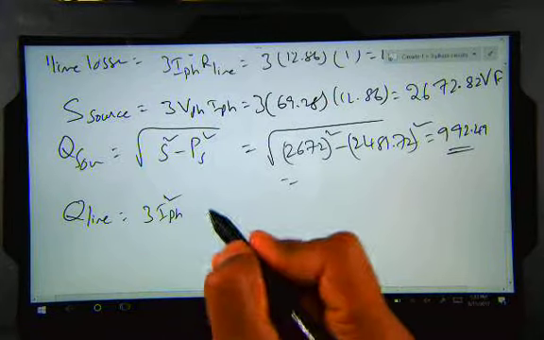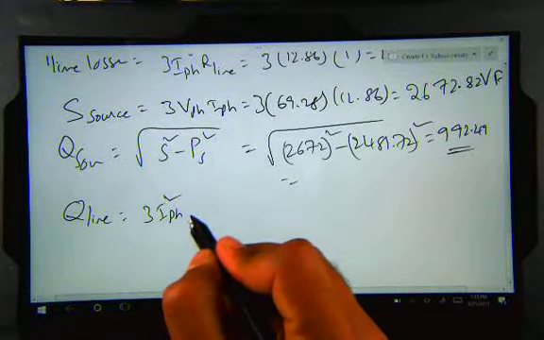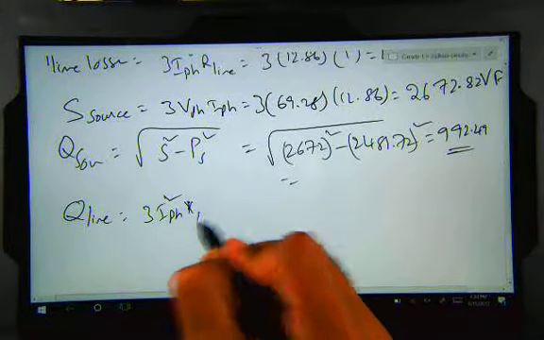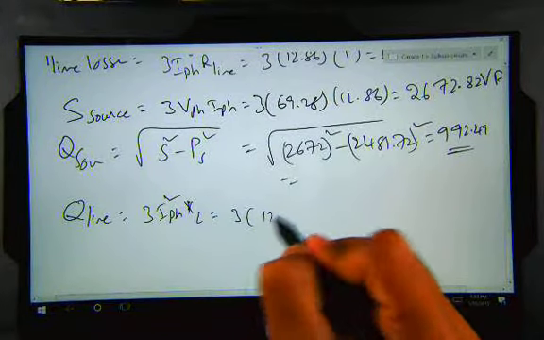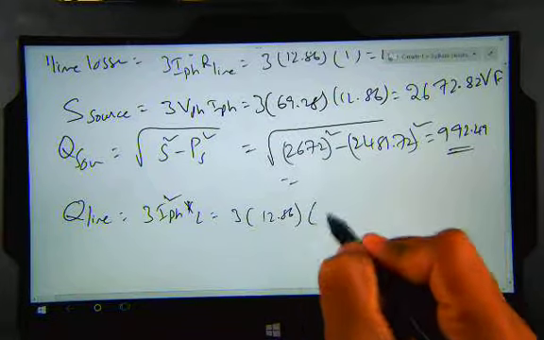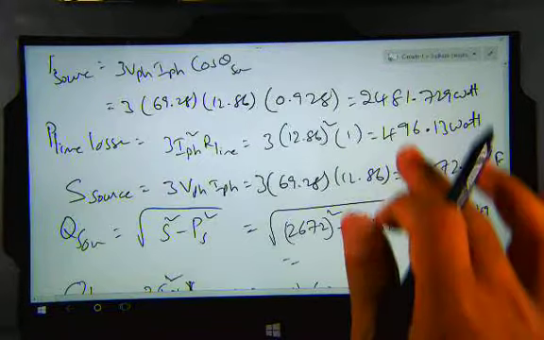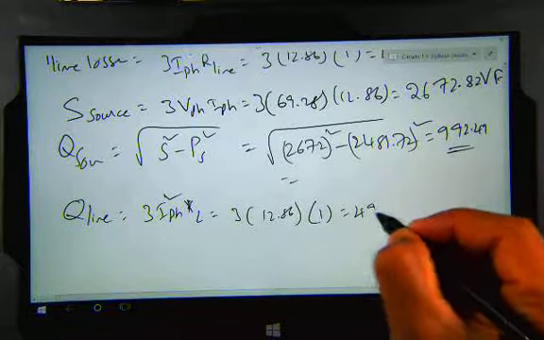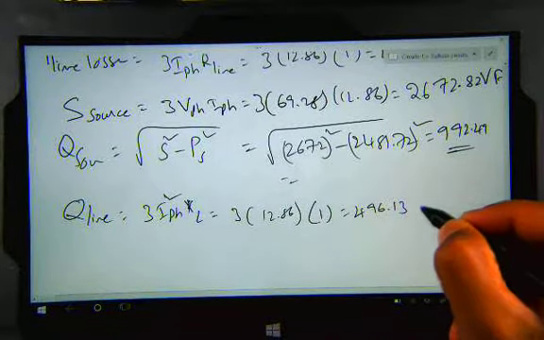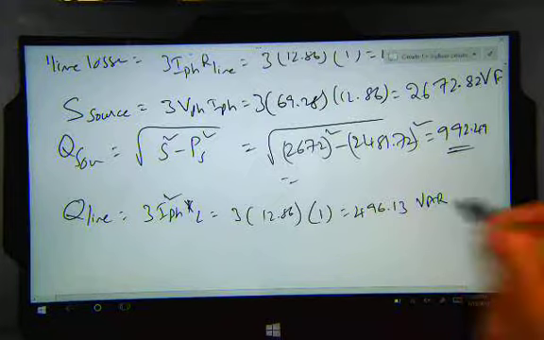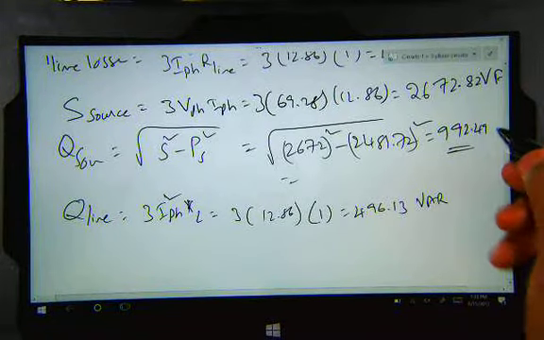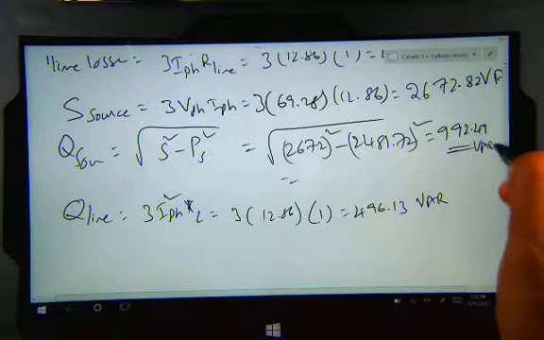In this case IPH and IL are the same because of the star connected load. So 3 times 12.86 squared times 1 will end up with 496.13 volt ampere reactive.